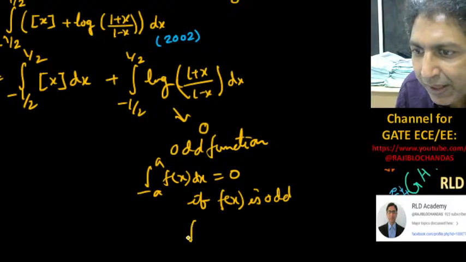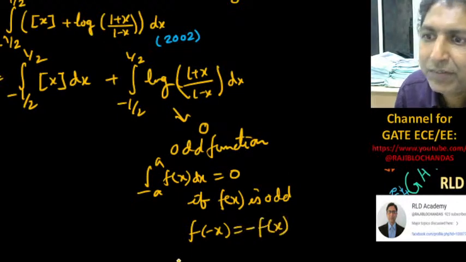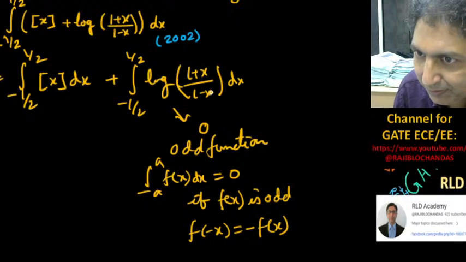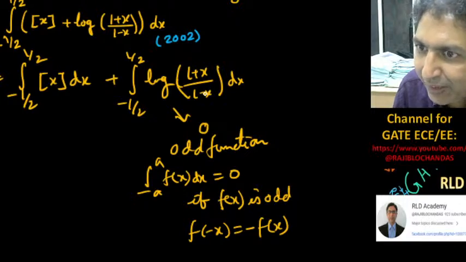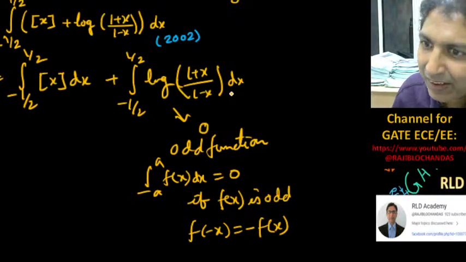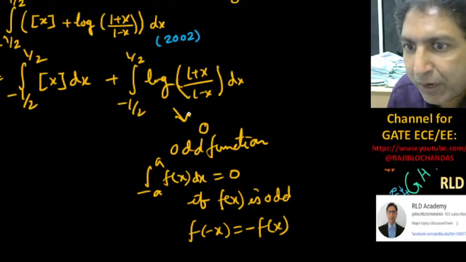Odd function means f of minus x equals minus f of x. That you can check, because if I replace x by minus x, I will get log of (1 minus x) upon (1 plus x), and log of a by b, I can write as minus log of b by a, right? Thus it is negative, so the second term will vanish, it will become 0.